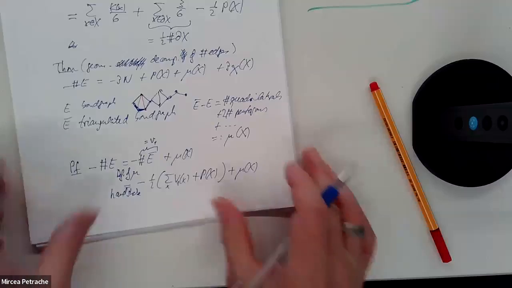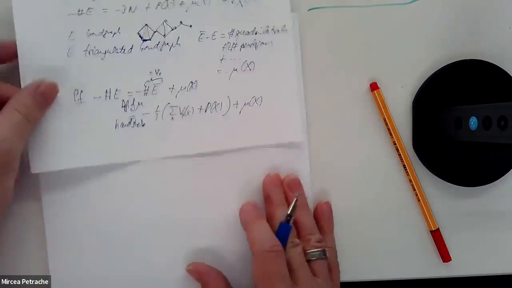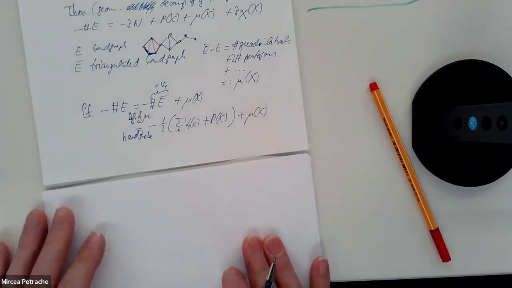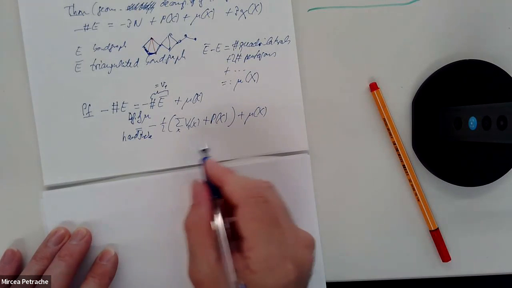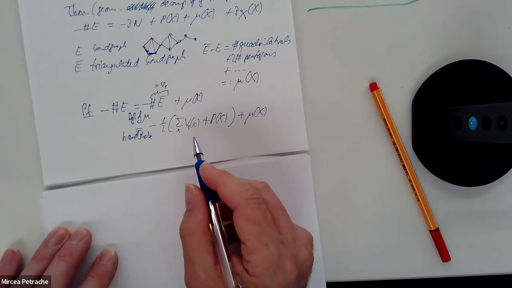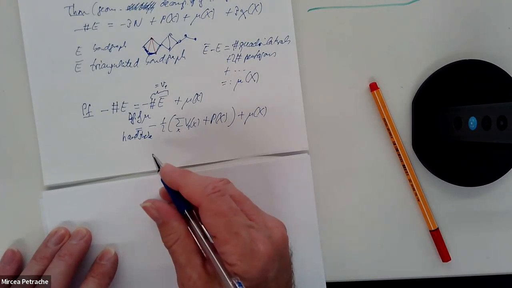Maybe I push it up even more. So we have this by the handshake, but this we can again trade for the Euler curvature.